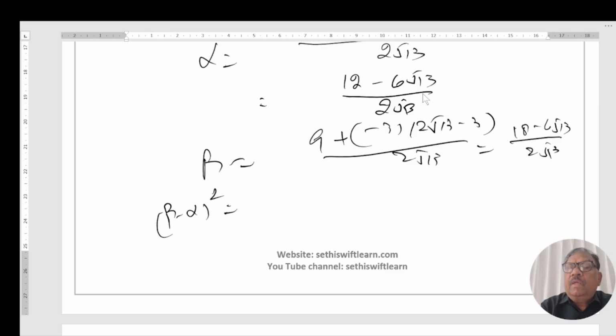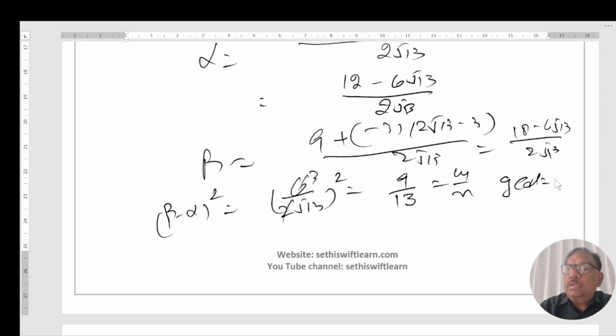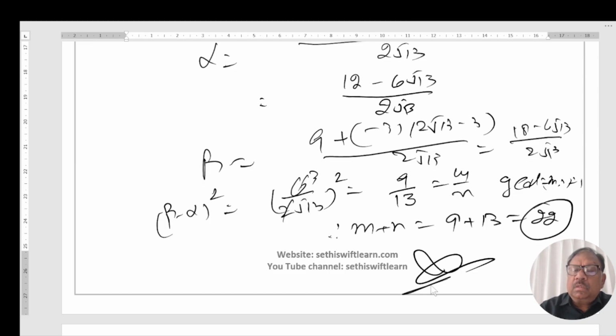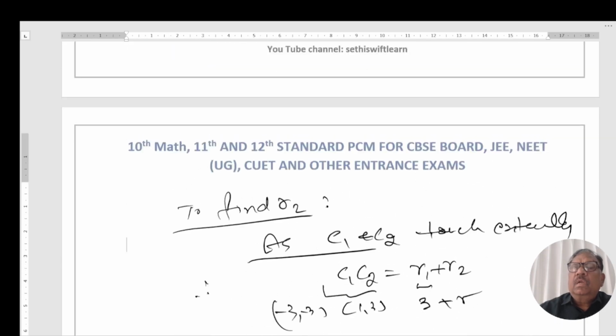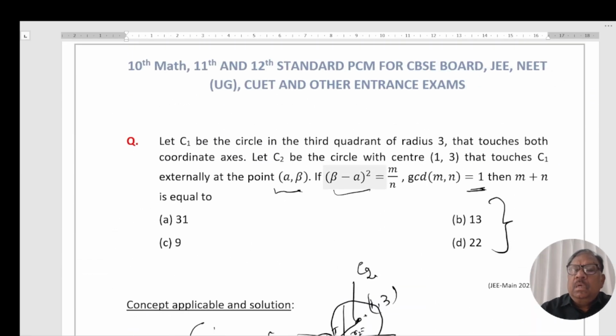The common factor cancels, and what remains is 6 upon 2√13, whole squared, that is 36 upon 52, which is 9 upon 13. This is equal to m upon n. GCD of m and n will be 1, it cannot be reduced. Therefore m plus n comes out to 9 plus 13, equal to 22. That is the answer. Let's check the answer. Option D is the correct answer, right?